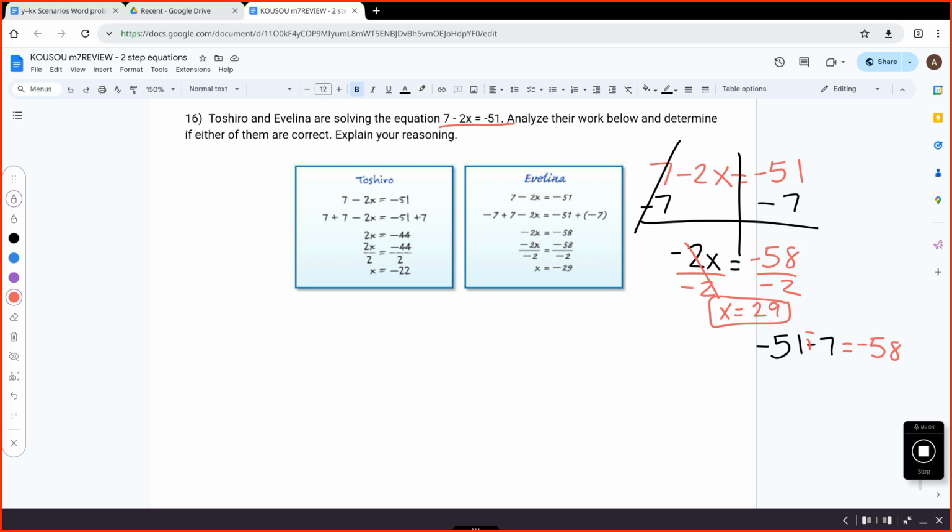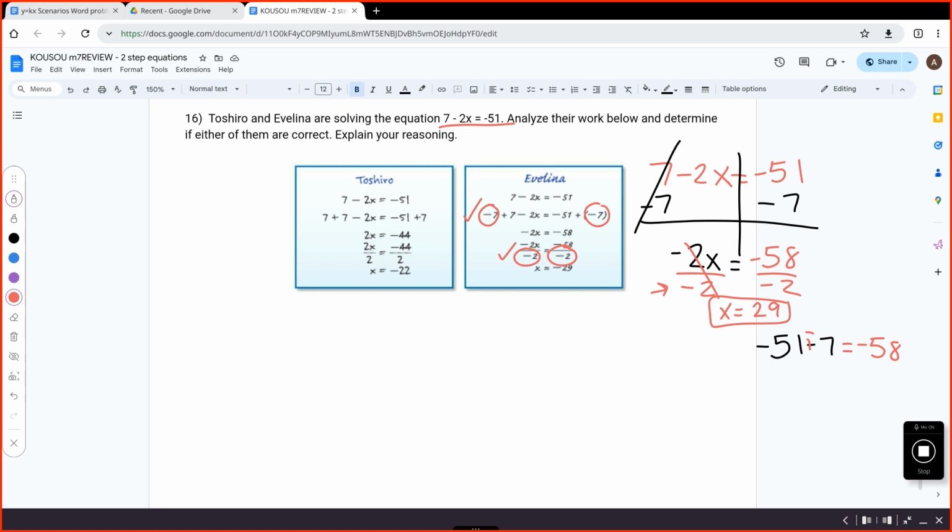All right, well, we got positive 29, and guess what? Neither of them got positive 29. But if we look at Evelina's work, Evelina subtracted 7 on both sides, or added negative 7 if you wanted to look at it that way. So she was correct here. And then she divided by negative 2, which is what we did here.